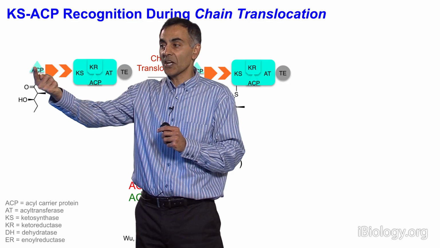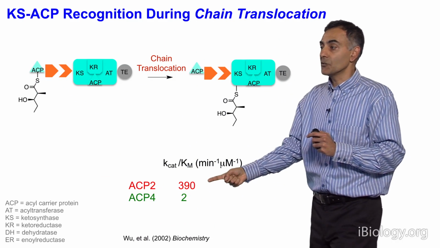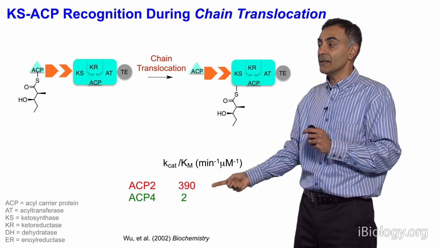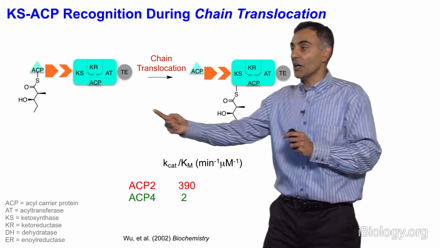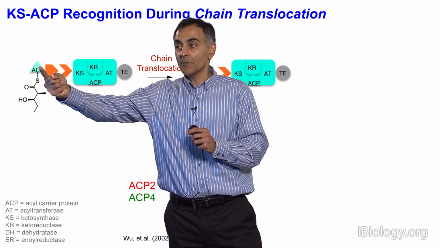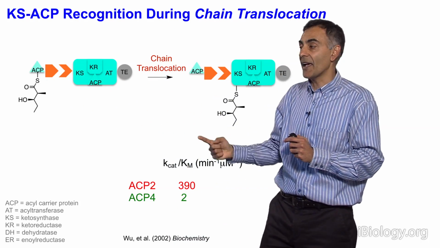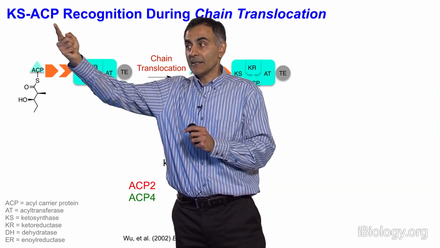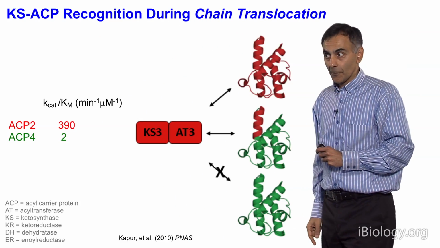So all that's being changed over here is the identity of this protein. And what you see is you have a big difference in specificity constants just based upon who this player is in the overall chain translocation event, suggesting that these protein-protein interactions are very important.